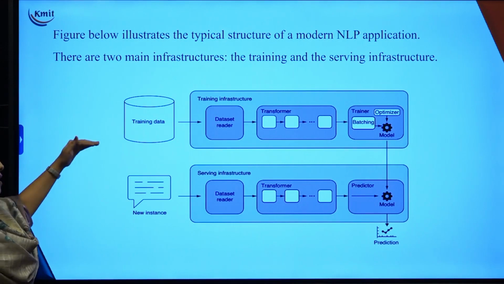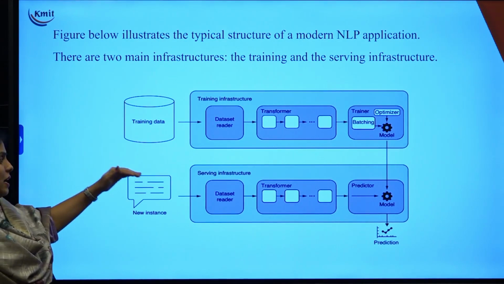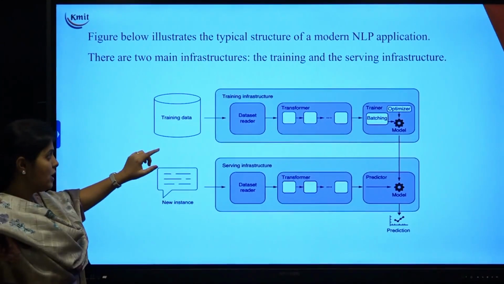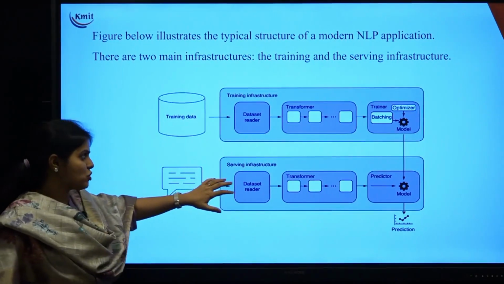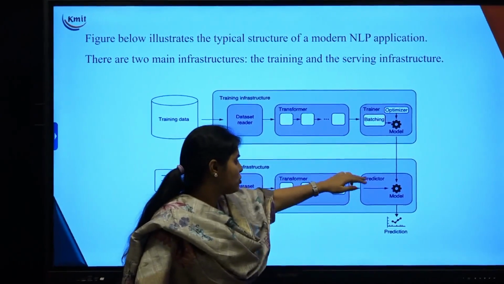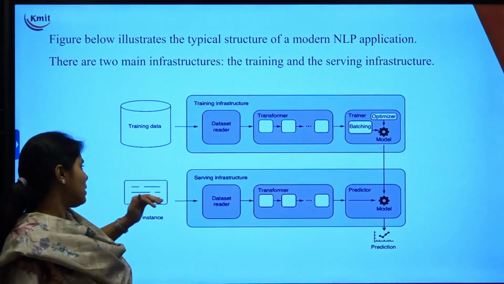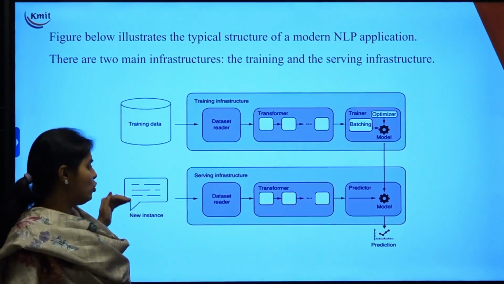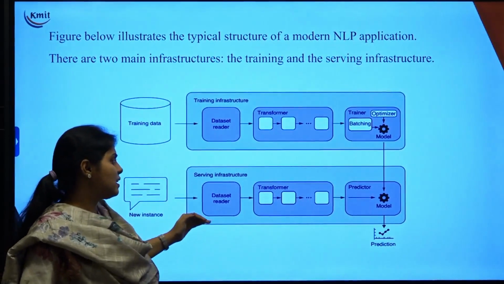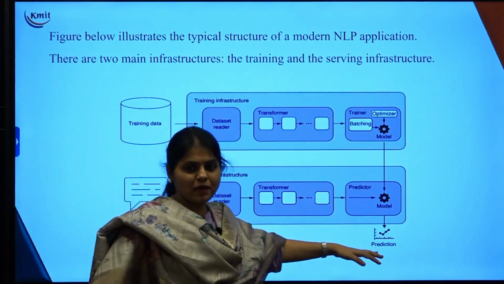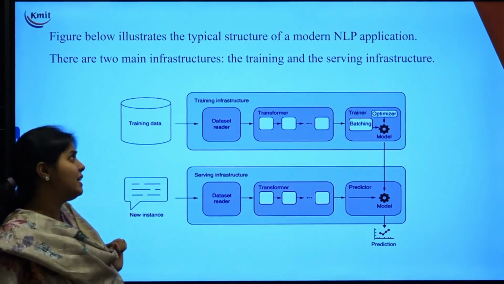In the serving infrastructure, the prediction is done based on new instances, with the dataset reader again, the transformer, and the prediction, where the comparison takes place.